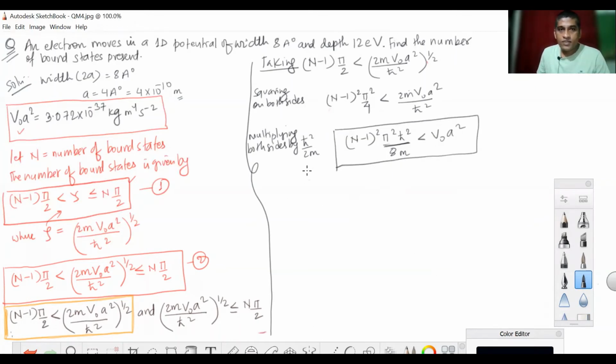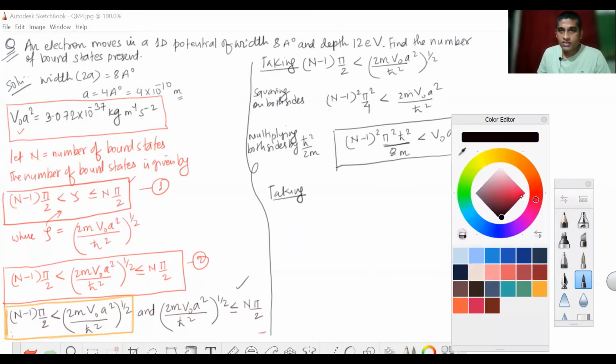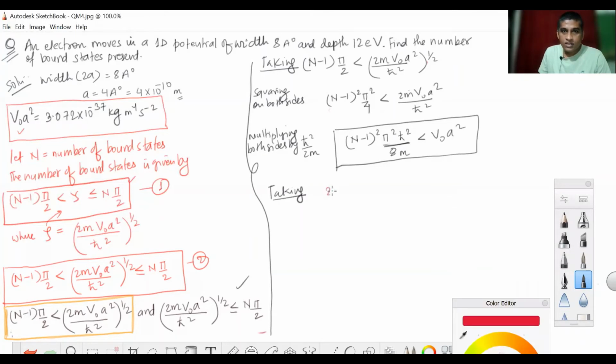So we have this. Now again, taking this, let me change the ink. Taking (2m V naught a square by h bar square) power half less than or equal to n pi by 2.